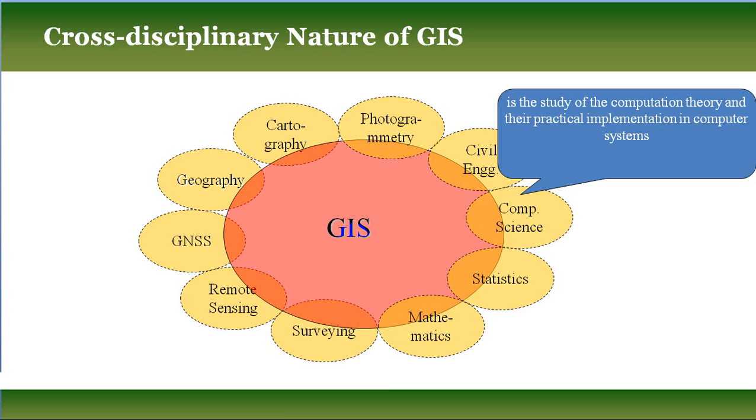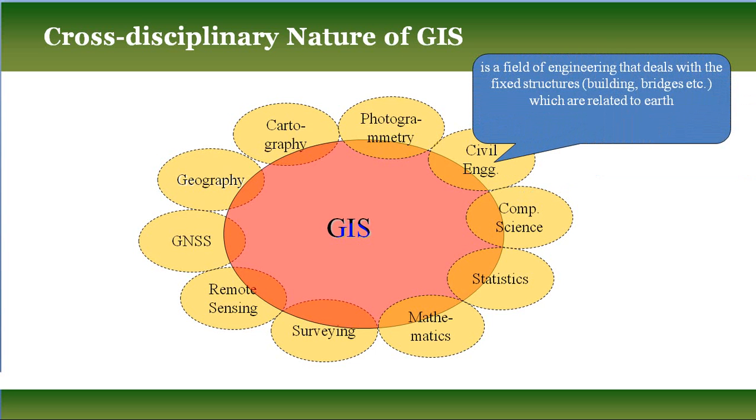You can't implement GIS without a computer, and once you use a computer you have to know the computation theory: how they store data, how they handle data, how they handle binary data, and their practical implementation. Lot of computation theory like machine learning and numerical operations is common that you have to know when you use GIS on your computer.